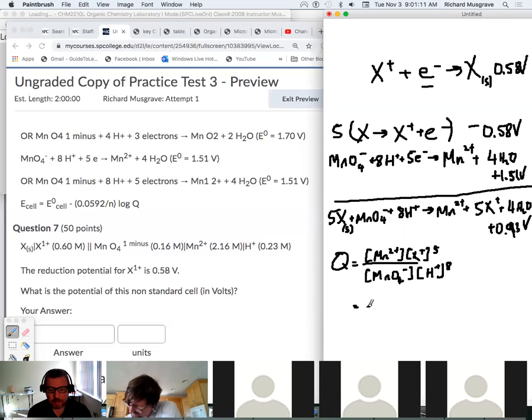And then we can just plug in what we're given here: 2.16 times X+, that's 0.60 to the 5th. Now we're not really interested in units here because Q doesn't need to have units. 0.16 on the bottom times 0.23 to the 8th on the bottom here, for the H+.